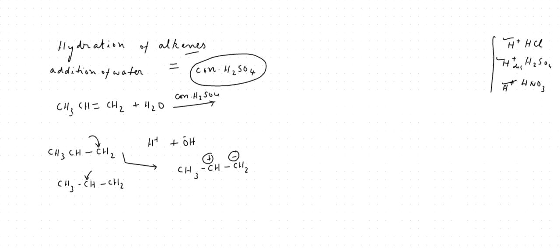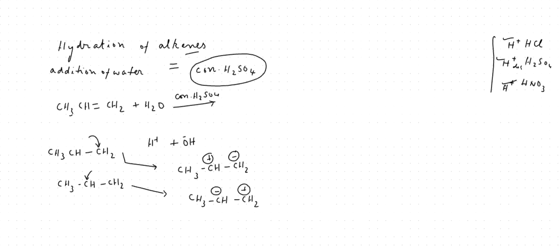This is a covalent bond. The double bond contains electrons of this carbon and this carbon. Now both the electrons fall on this carbon, so that becomes negatively charged. This carbon has lost its electron, so it is positively charged.